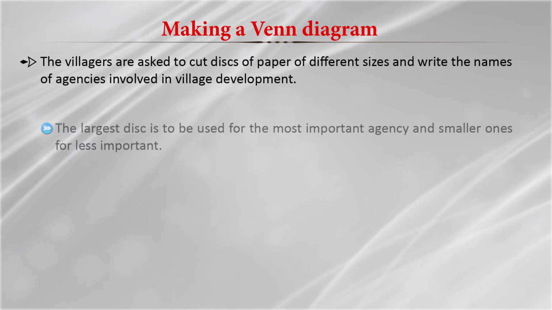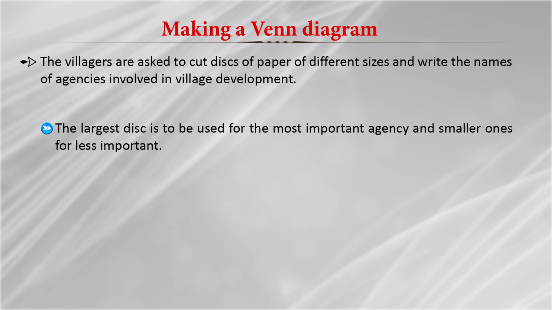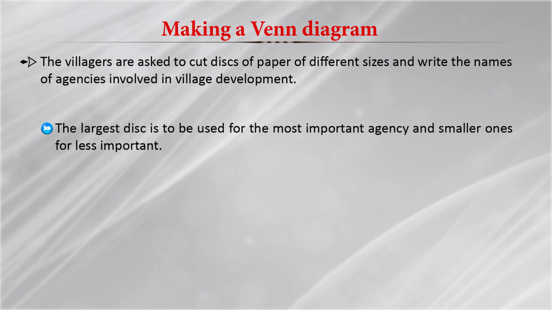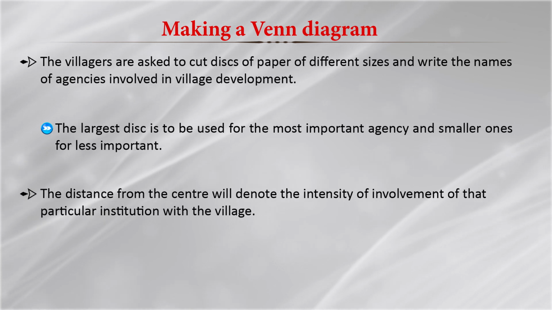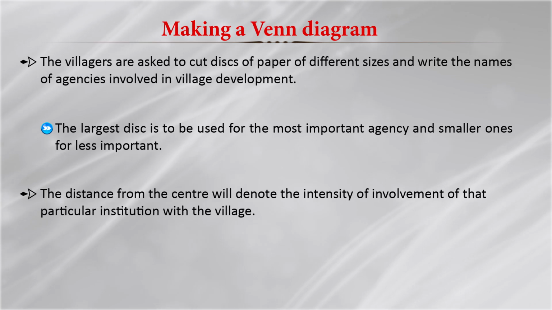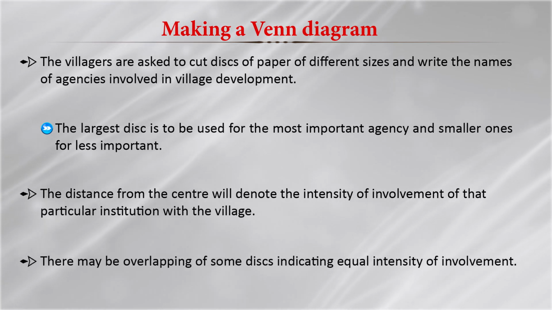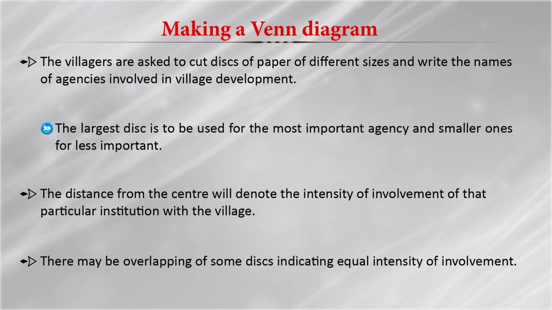The larger disc is used for the most important agencies, a smaller one for the less important, and the distance from the center will denote the intensity of the involvement of that particular institution with the village. There may be overlapping of some discs, indicating equal intensity of involvement in the village.